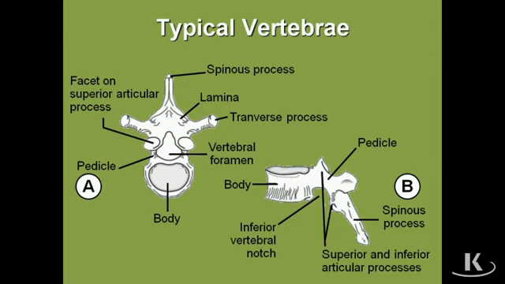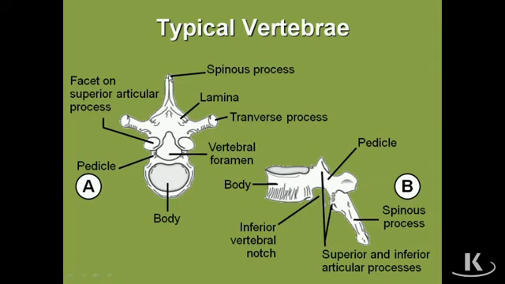Now, of course, the vertebral column is made up of a series of individual vertebrae, and we can see a typical vertebra here with a vertebral body in the anterior part and a vertebral arch in the posterior part. The vertebral arch is made up of the two pedicles and the two laminae that meet in the midline. And then emerging from the vertebral arch, we have some processes, transverse processes. Muscles will attach to those.